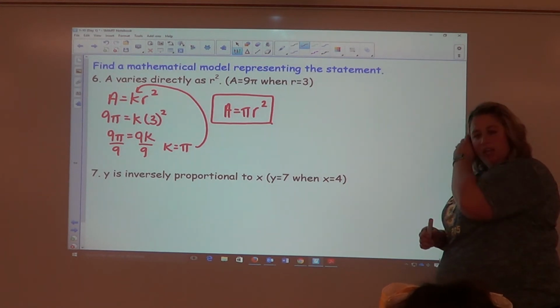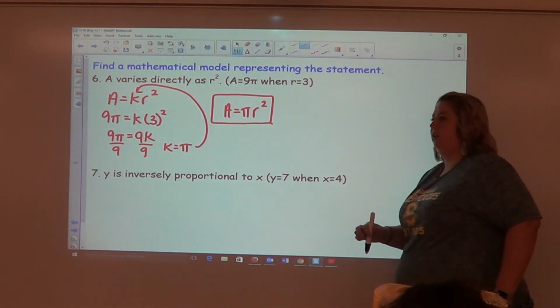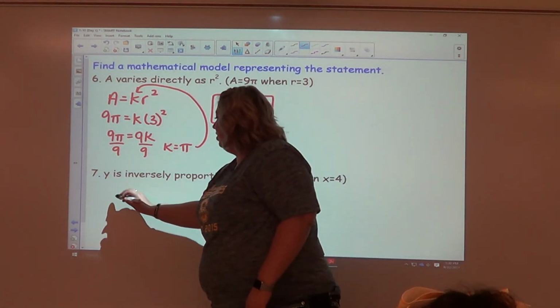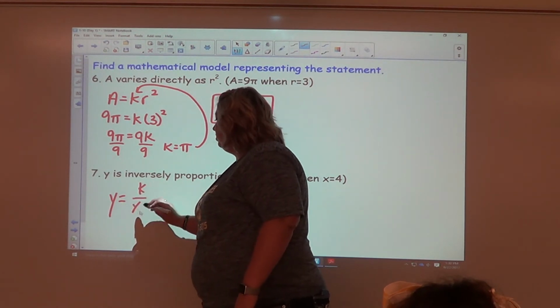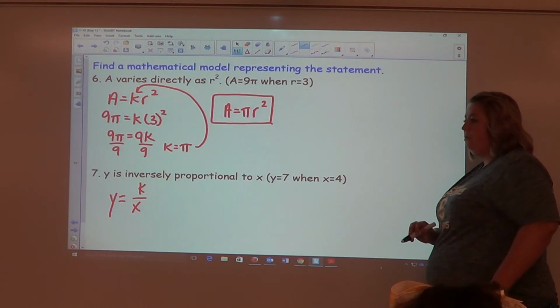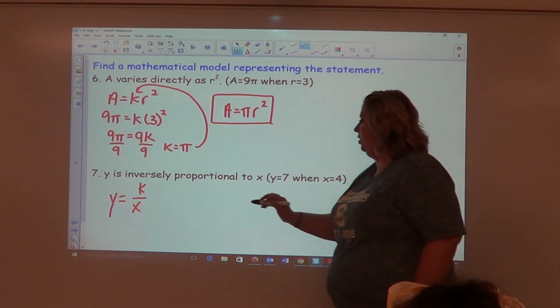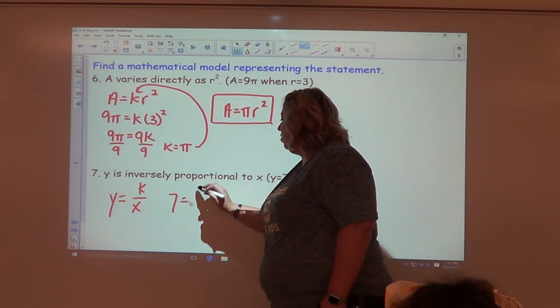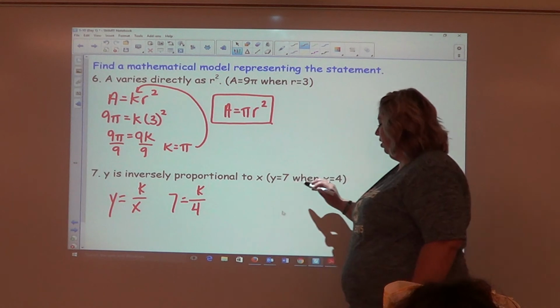Okay, so y is inversely proportional to x. So what does inversely mean? Divide. So I would have y equals k over x. Okay, then I'm going to plug in what I know. So I know y is 7 and x is 4.